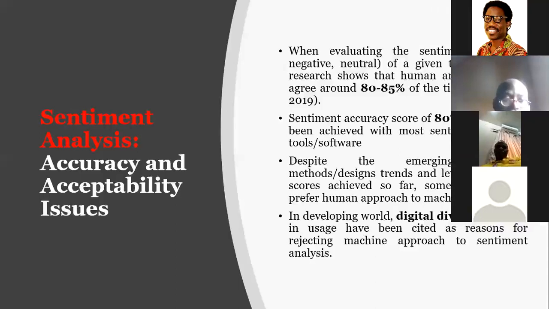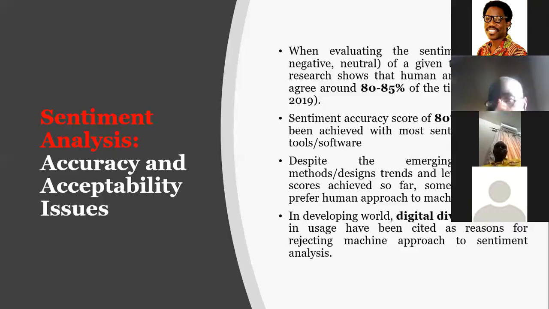Now, I've discussed how you can do positive, negative, neutral, and aspect-based analysis, but we have a lot of issues regarding why we use it and acceptability issues. They will say, how do we show that that particular structure has not been manipulated by the system? Because it is people that actually develop it.